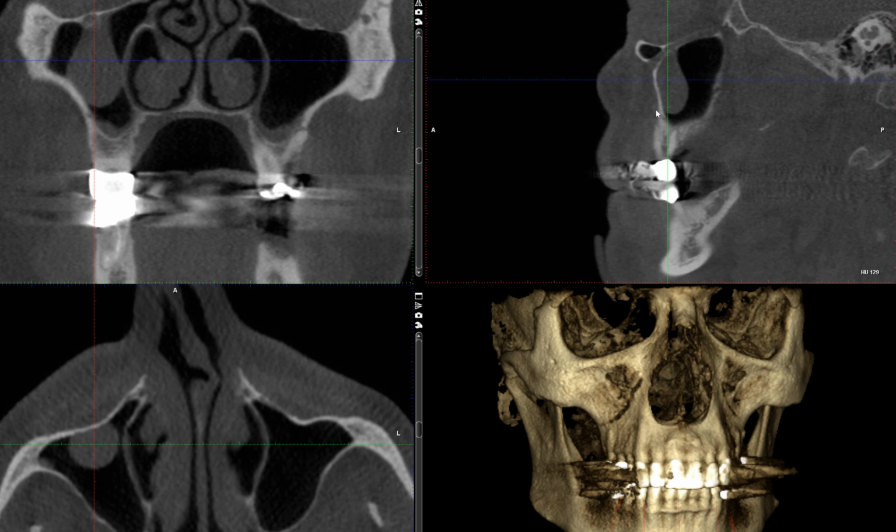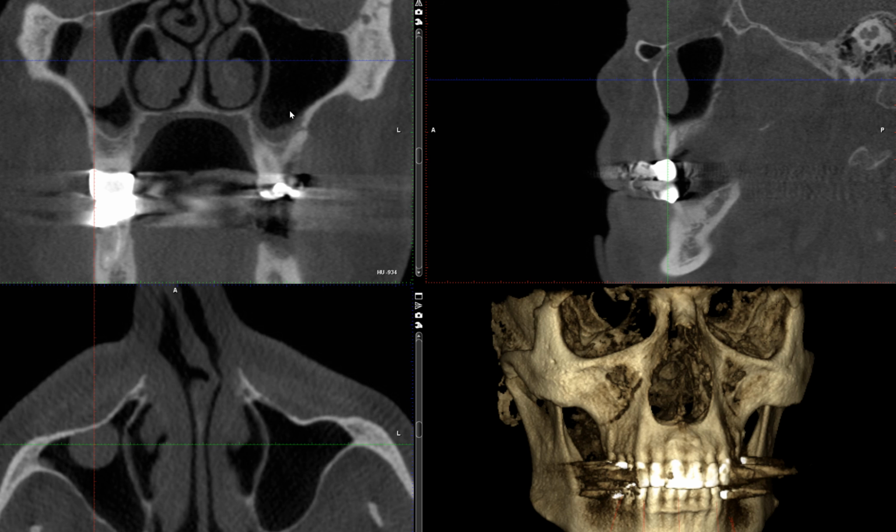So it posed a little bit of a radiographic challenge for us initially, because many times these mucous retention pseudocysts typically reside on the floor of the maxillary sinus, giving us that very characteristic appearance of a dome-shaped opacity sitting on the floor of the maxillary sinus on a panoramic radiograph.